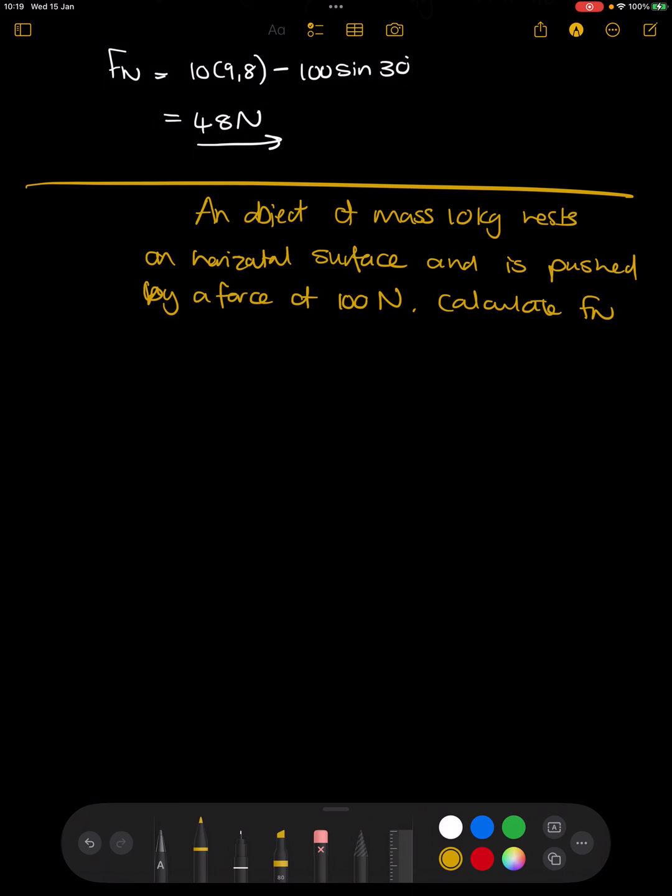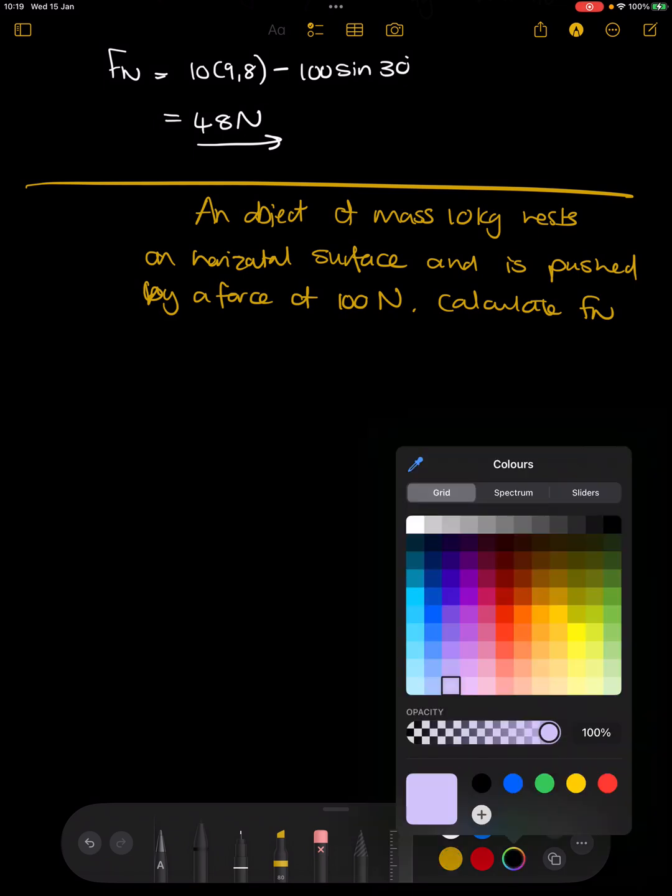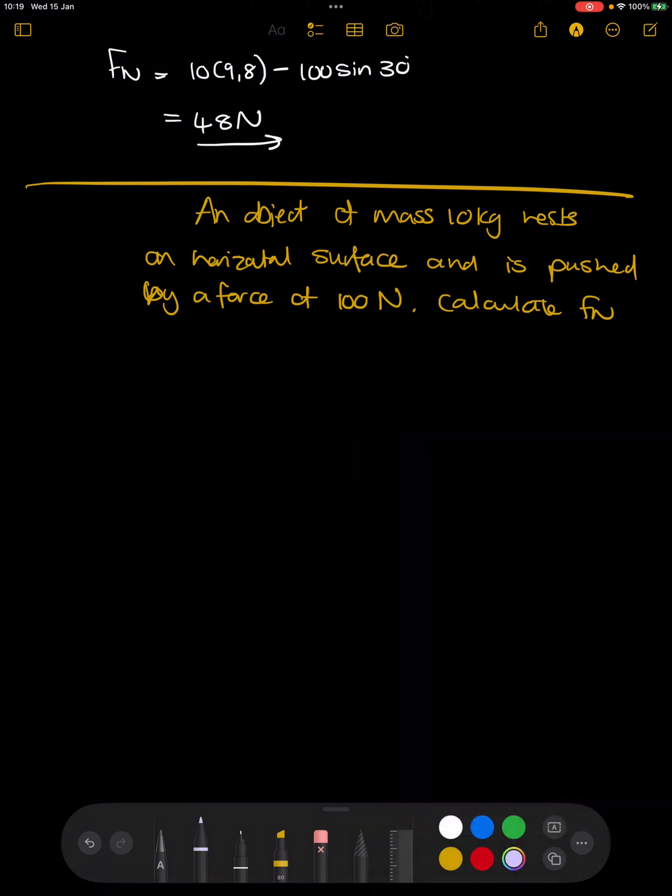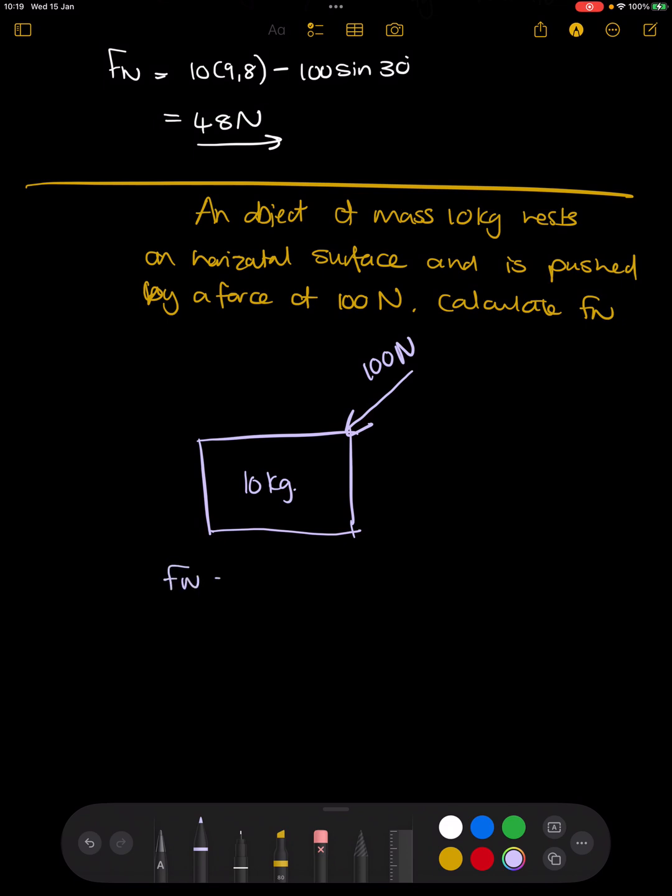Okay, now it's the same question. So once again we have a box and it is on a horizontal surface, but now they're saying to you it's not being lifted, it's being pushed. Okay, so where this is 10 kilograms, the force that's being applied now is 100 newtons. Right, so remember I told you guys with my normal force for this one, it is my Fy plus my Fg.